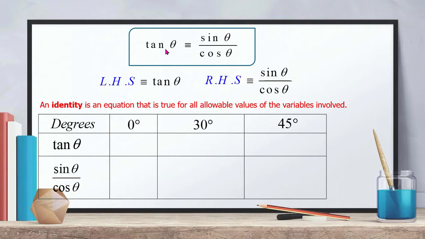We'll take tan 0, solve what it is equal to, and then solve sine 0 divided by cosine 0, and show that if theta is equal to 0, this side has the same value as that side. Then we'll do the same for 30 degrees and 45 degrees, because we want to show that this identity is true for all allowable values of the variables involved.